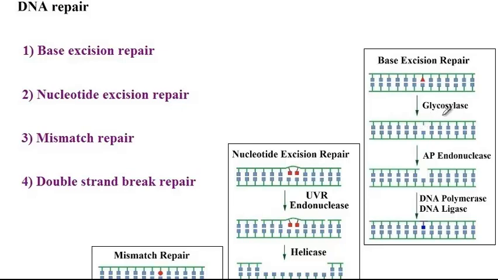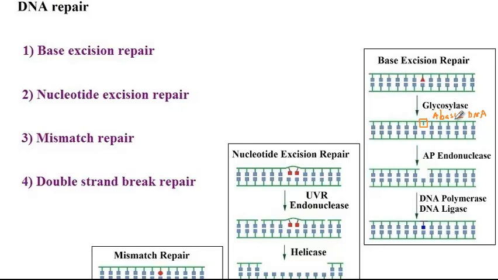What the glycosylase enzyme does is that it will cleave the N-glycosidic bond that connects the base to its deoxyribose sugar. So now the base has been removed, and all we have here is a backbone. The other name for this structure is abasic DNA.